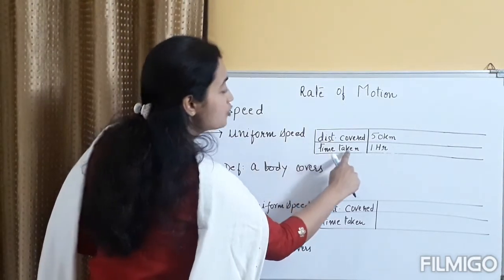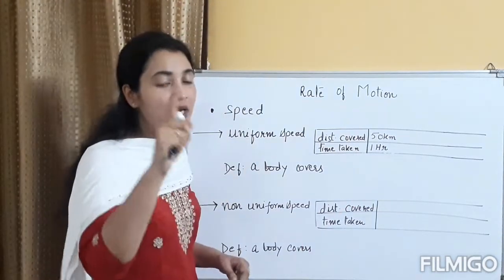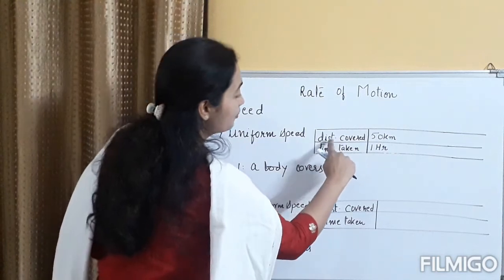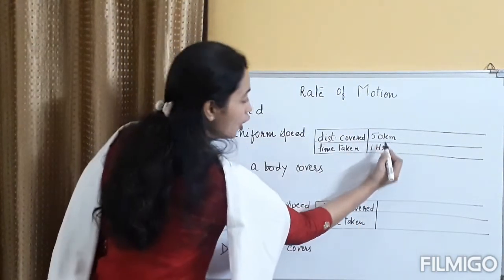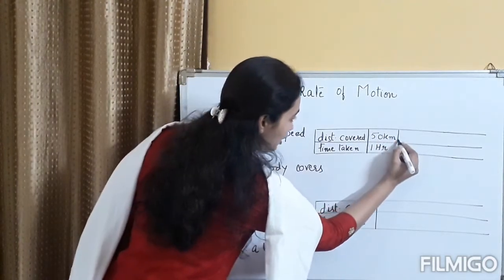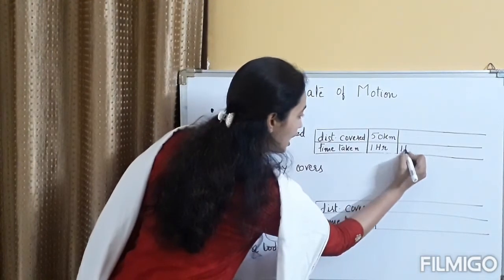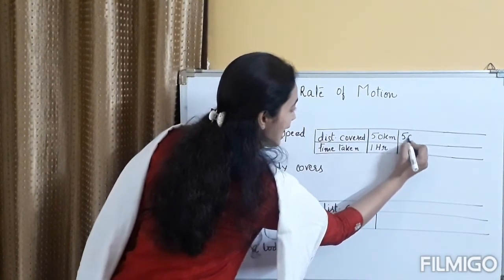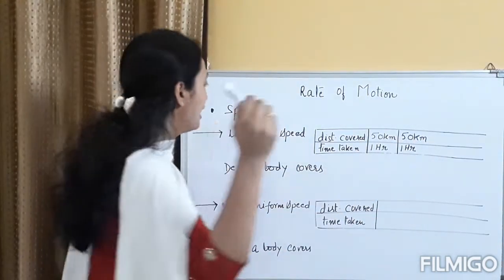So you started at 9 o'clock, 9 to 10, 1 hour, and the distance covered by your vehicle is 50 kilometers. Then again after 1 hour, say 10 to 11, the distance covered is again 50 kilometers. Seems to be hypothetical. Never mind.